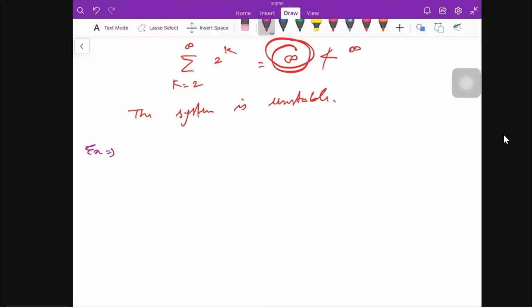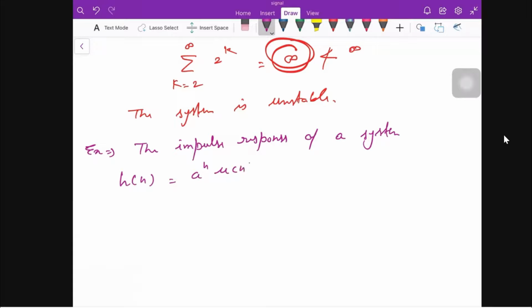In the next example, given the impulse response of a system, and that is h[n] = a^n u[n].